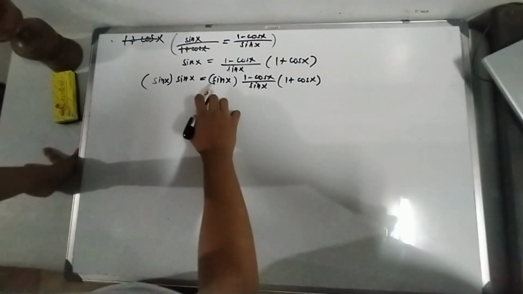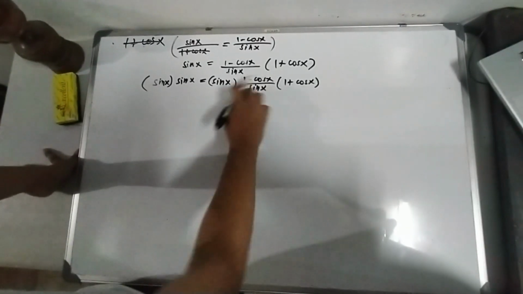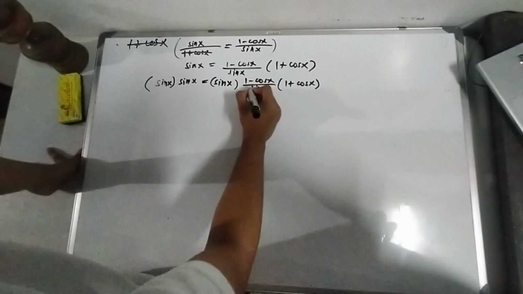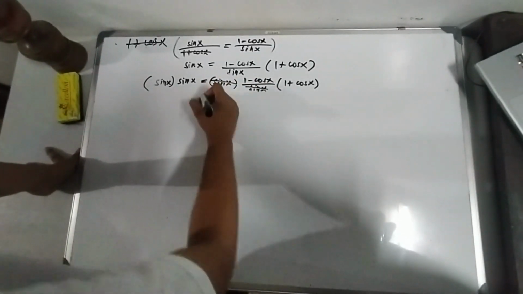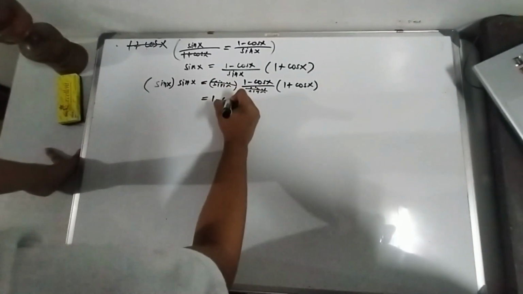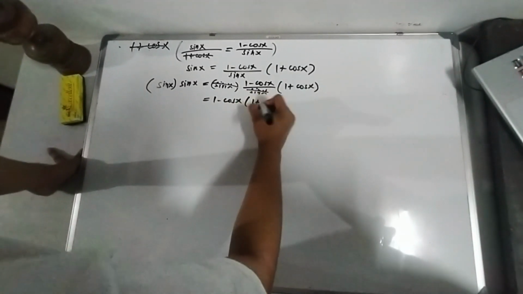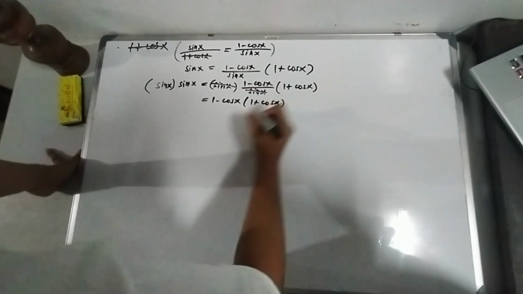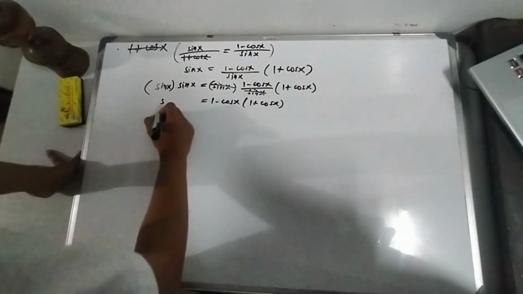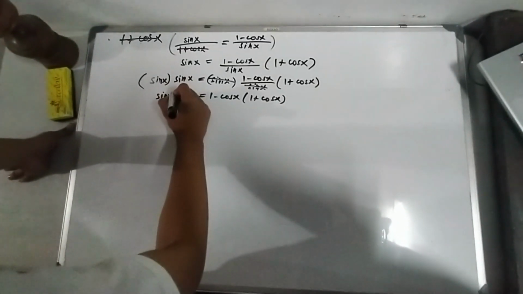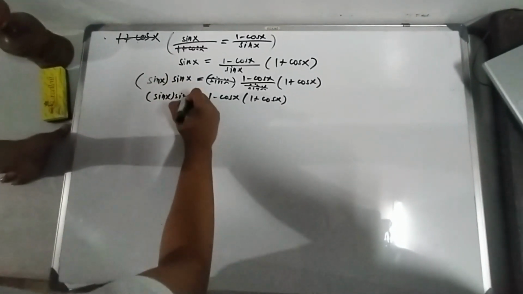If we multiply sine x by this fraction, we're just gonna cancel both of these. So we're just gonna be left with 1 minus cos x times 1 plus cos x. And meanwhile here we're also gonna have sine x times sine x.